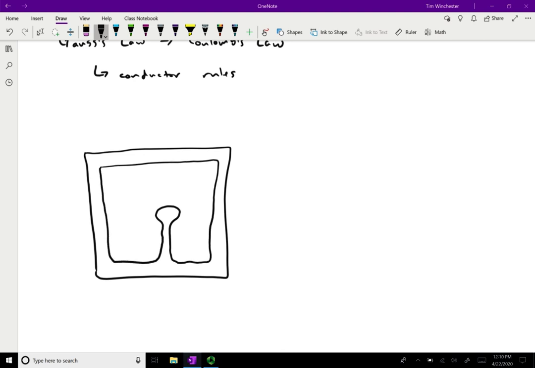If I put excess charge on this conductor, then it's all going to move to the outer surface according to the conductor rules. And so none of it should be anywhere on the inside of that cavity.